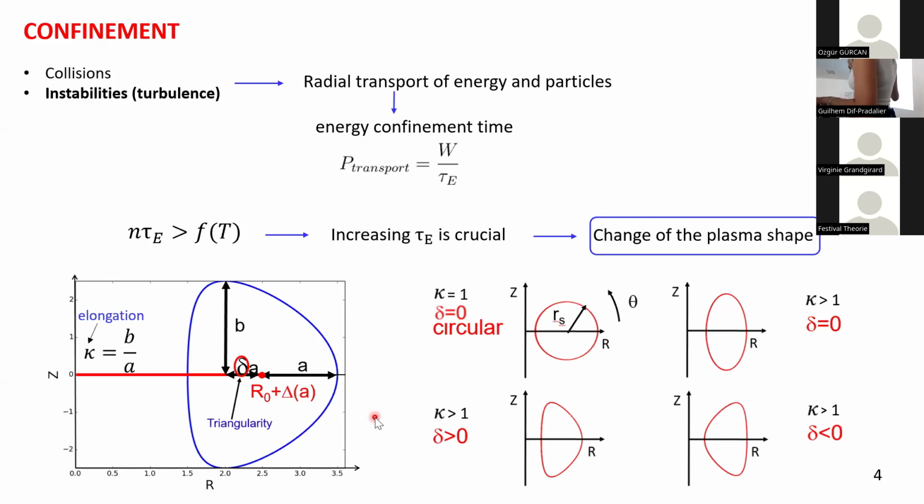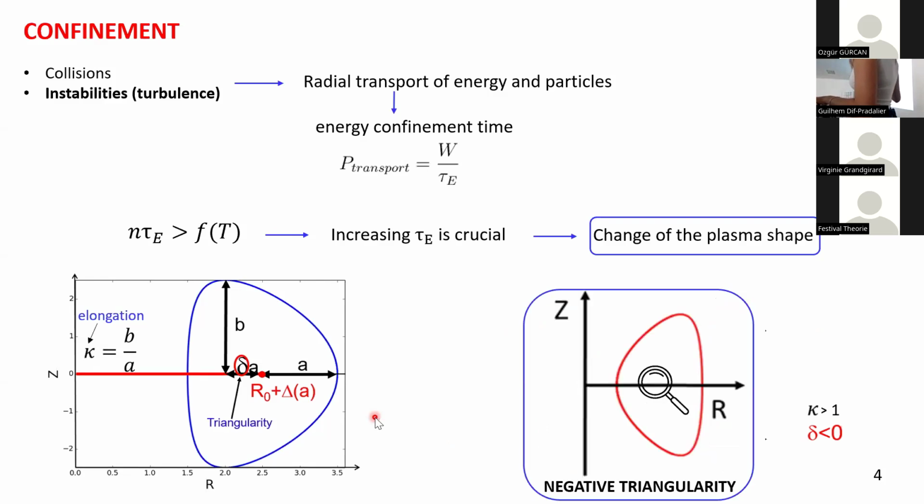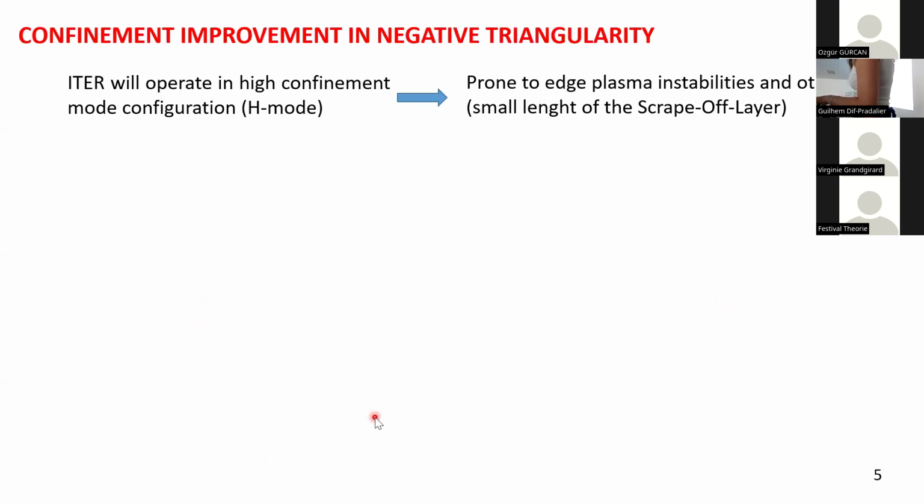And you have a negative triangularity configuration, which is a reversed D-shape, when delta is lower than 0 and kappa is higher than 1. In particular, today we focus on negative triangularity plasma because it has been discovered that changing the shape to a negative triangularity one improves confinement.